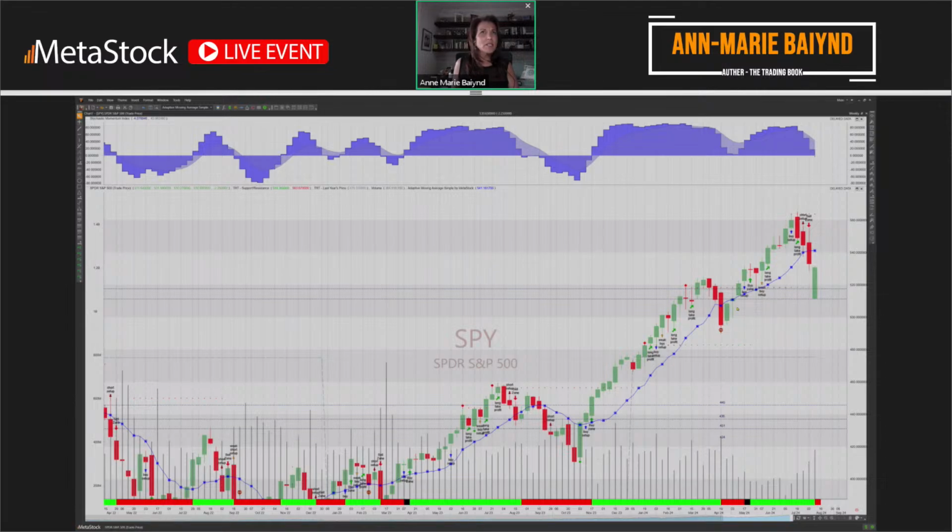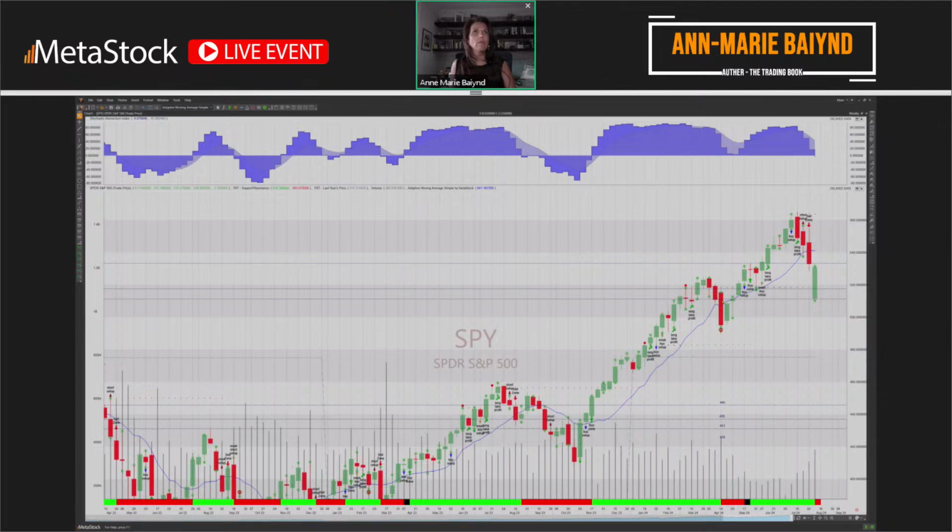But it did fill in this first gap. And today it sits on the way to filling the gap above, which is this number at 533, right? 531, 533. That's where this chart is bouncing.